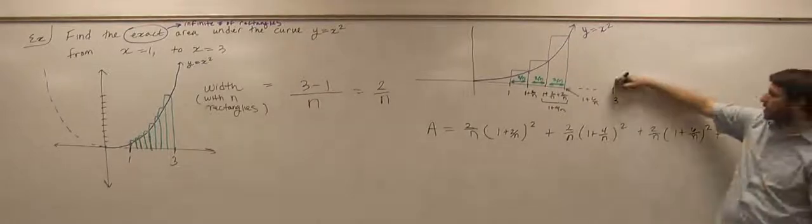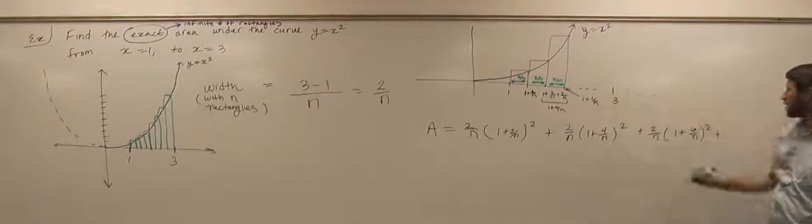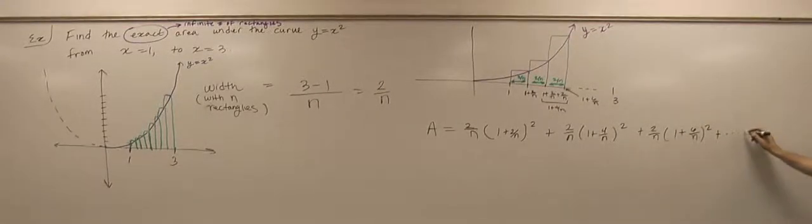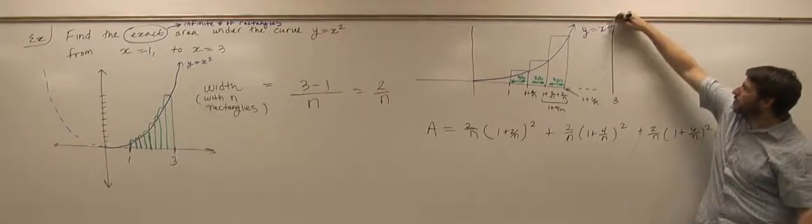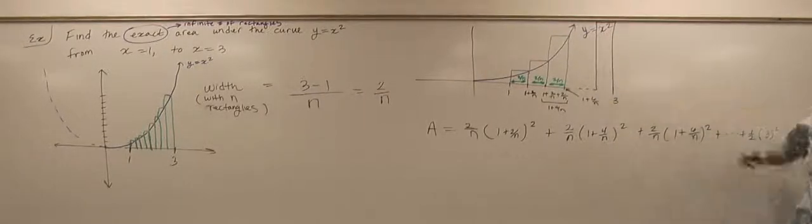And you keep going until eventually you're going to get to 2 over n times 3 squared, right? Because your last rectangle will end at 3.